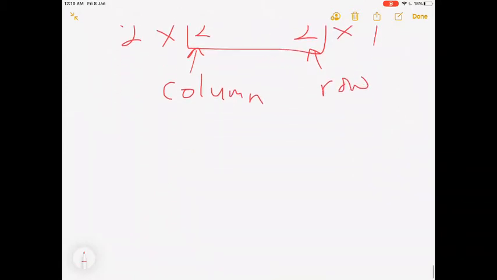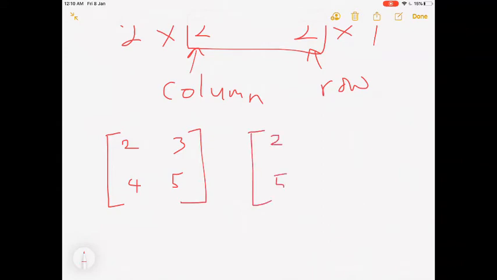For example, you can multiply a matrix 2, 3, 4, 5 by another matrix 2, 5. As you can see, this matrix has 2 columns and this matrix has 2 rows. That's the prerequisite for multiplication in matrices.